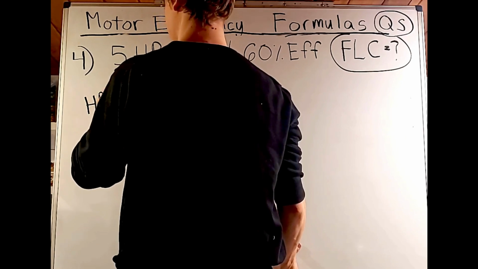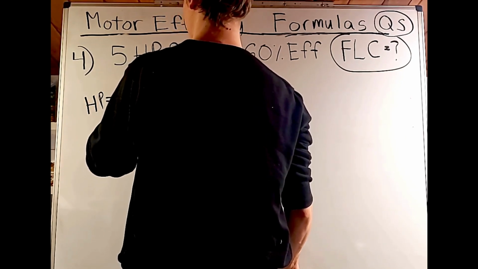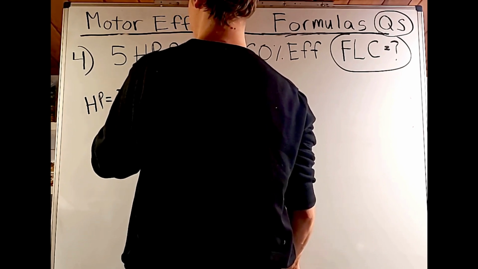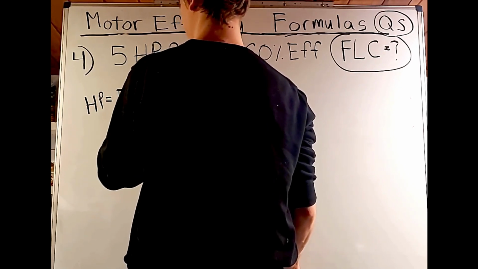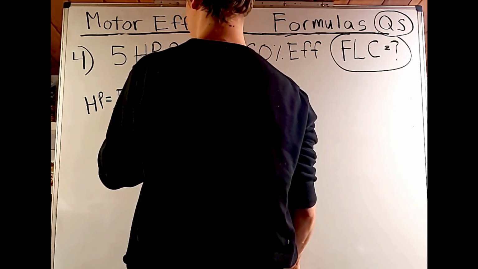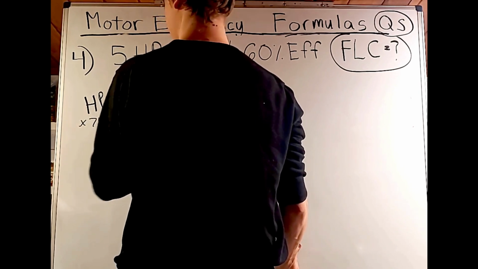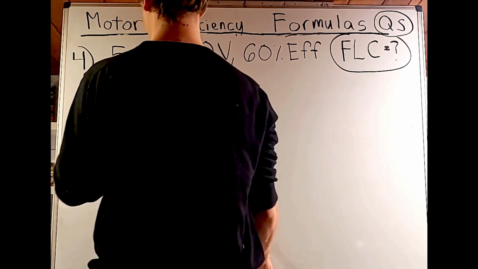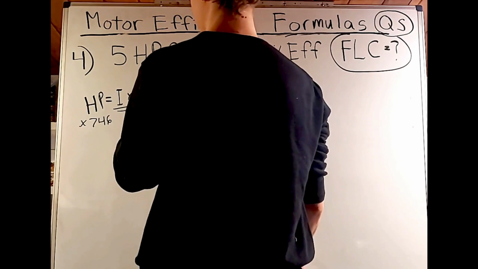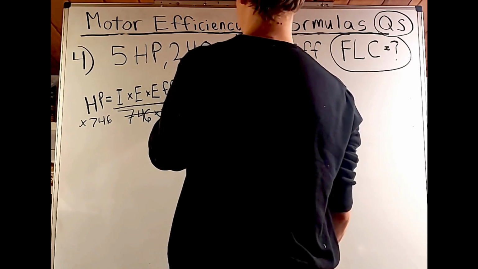That's good practice. Horsepower is I times E times EFF over 746. Okay, we want to isolate the I. So I'm going to start by getting rid of the 746 on the right side. And then I'm going to then get rid of the E and the EFF combo.